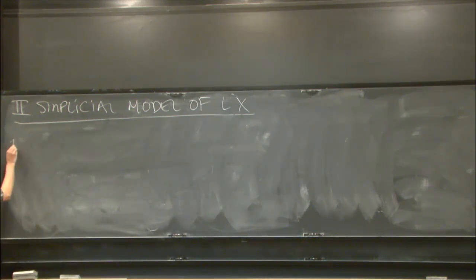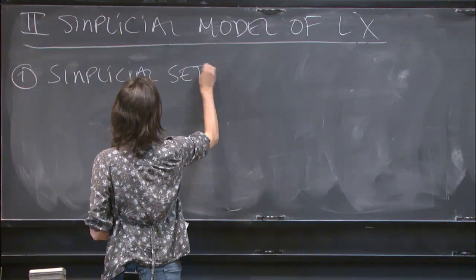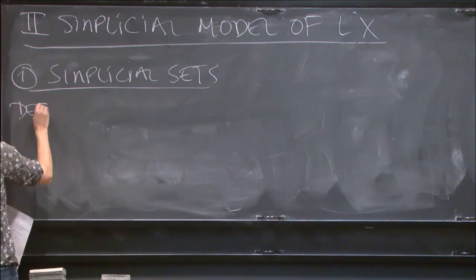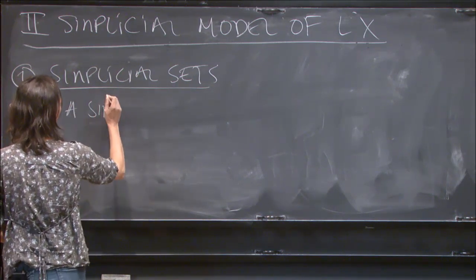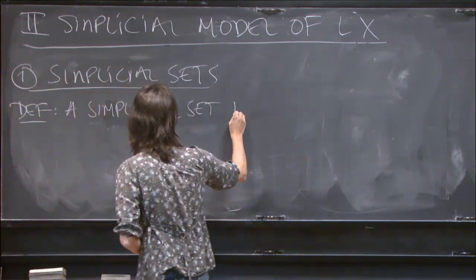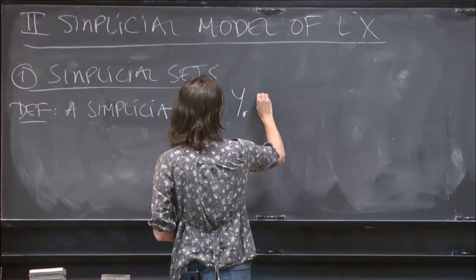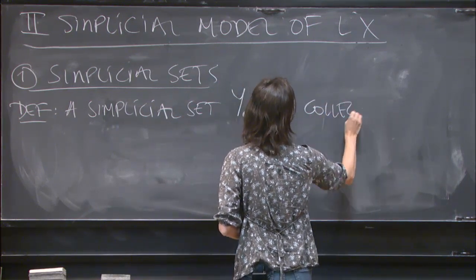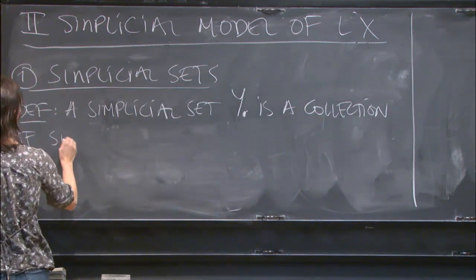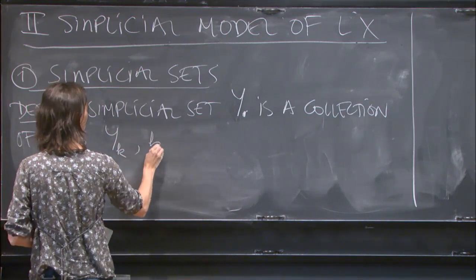So I start with simplicial sets. Definition: a simplicial set Y-dot is a collection of sets Y_k, for k greater or equal to 0.